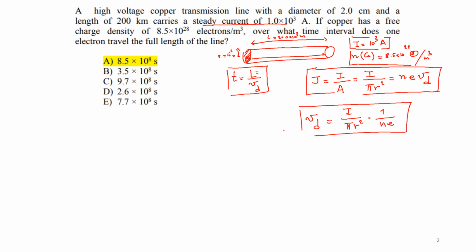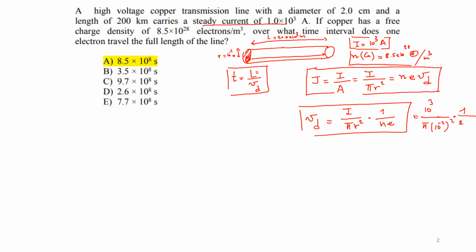Okay, so let's calculate the V drift, for instance. So I have 1000 amperes divided by pi r squared. R is 1 centimeter, so basically 10 to the power minus 2. You put it in meters, of course, squared. So what is N?